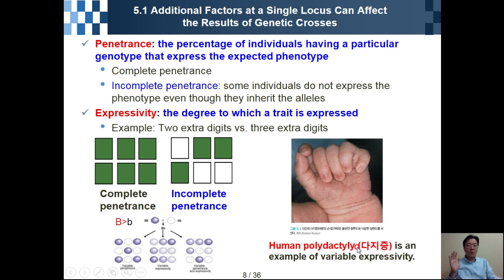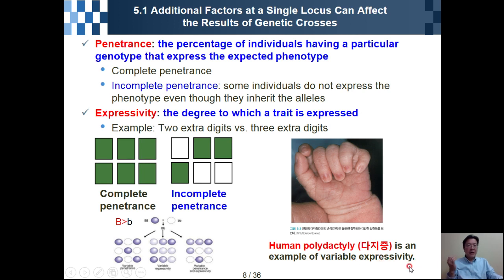Usually we have five fingers like this, but people with polydactyly may have one extra digit, or two extra digits, or three extra digits. So human polydactyly is an example of variable expressivity.